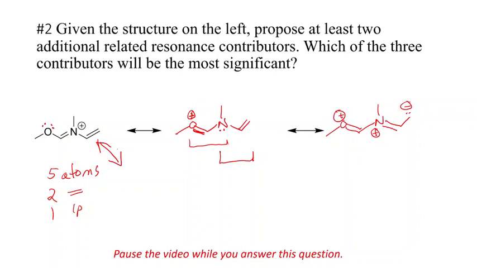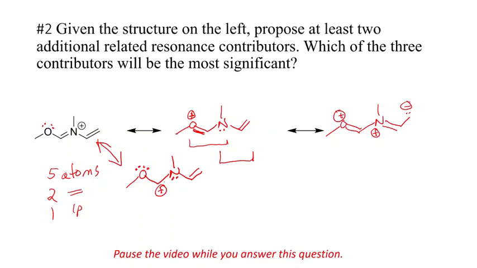And in this case, the natural choice is to send the electrons to the nitrogen, which is already positively charged and will become neutral. So another resonance contributor we could have come up with would be this one, where that lone pair now is on nitrogen and there's a plus charge on the carbon.